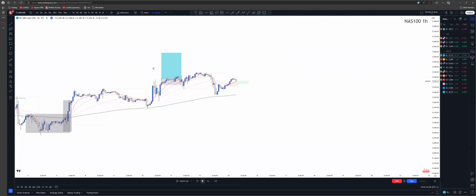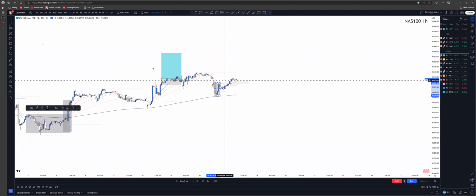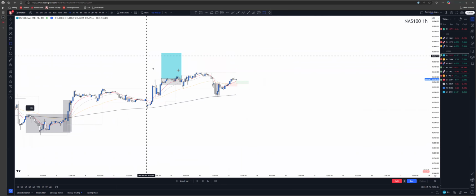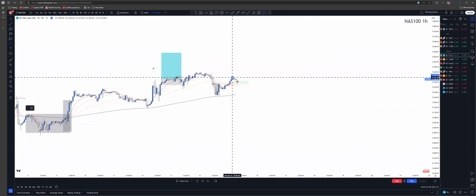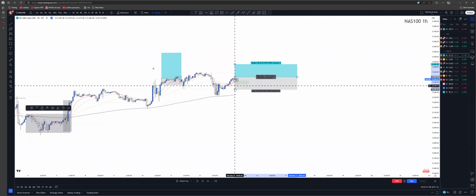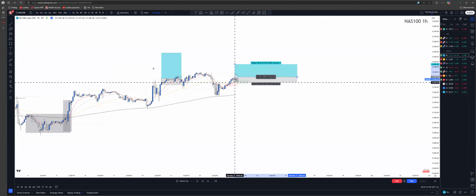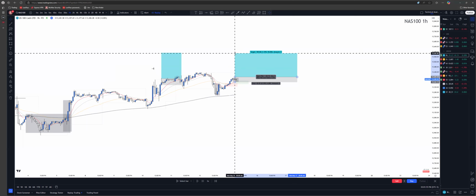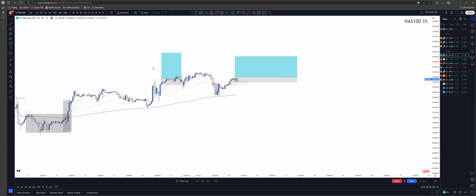We get the sideways, and we have the accumulation of stage one into stage two, into another stage one, which we can buy stop and take higher.